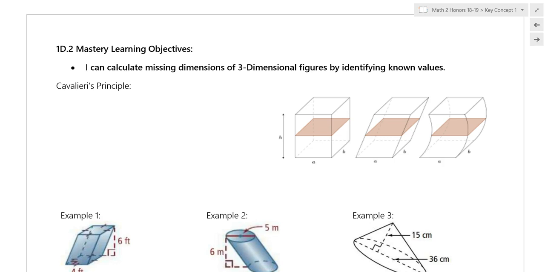Before we really get into that, the first thing we're going to cover is Cavalier's principle. This is kind of more of what we did yesterday, but it's a good principle to know.